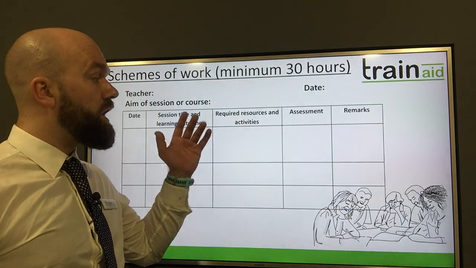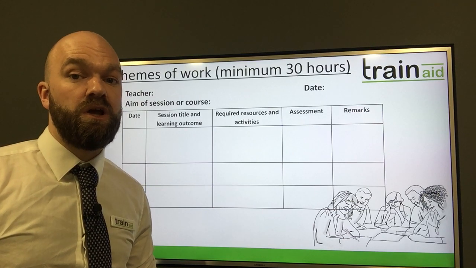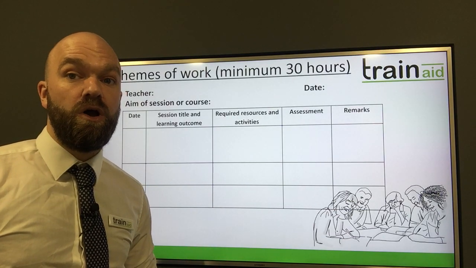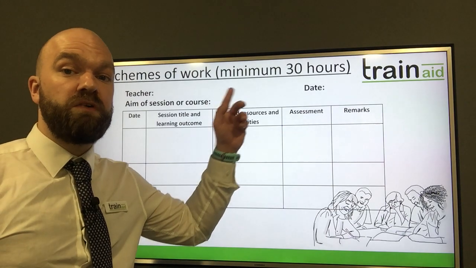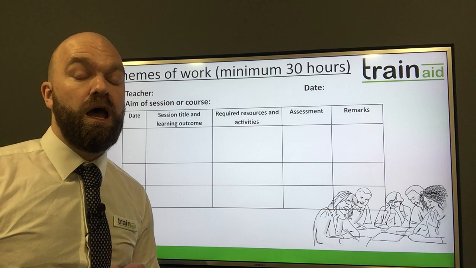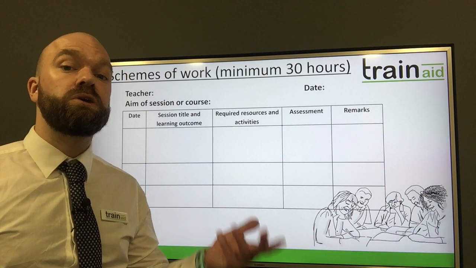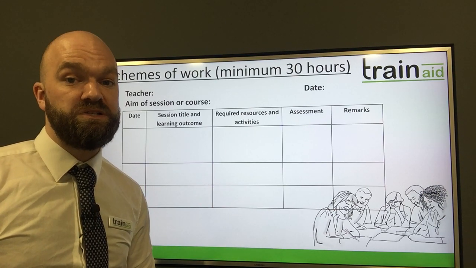You could have one scheme of work for every unit that you are teaching. Within your teaching evidence folder, we're expecting to see a minimum of 1 to 2 different schemes of work here, but it's very important that they demonstrate 30 hours of teaching practice. So do include dates and also perhaps timing of your lessons here.